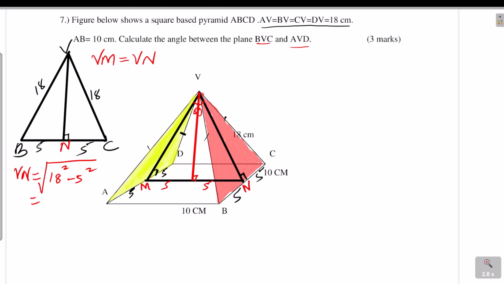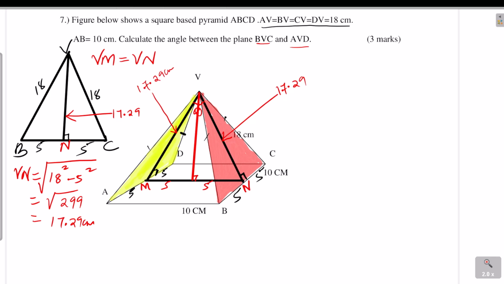So that will give the root of 299, which is equivalent to 17.29 centimeters. So therefore this height here is 17.29, and it is the height that is here. This is 17.29, and also it is the same height here, 17.29 centimeters.